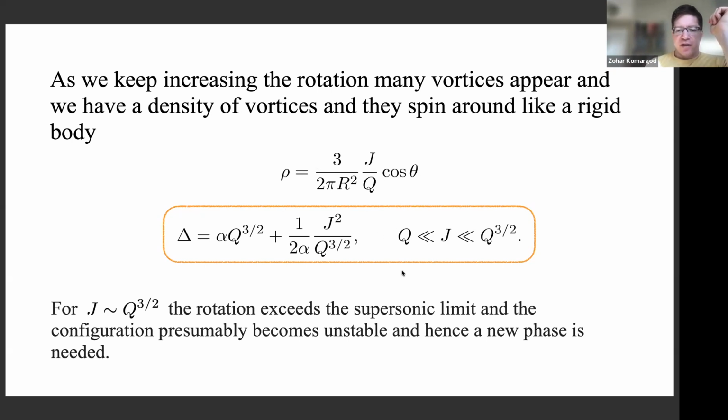We found a new phase, a new solution to those equations numerically, exactly when the speed becomes the speed of sound. So apparently, probably there is some phase transition, and this rigid body phase becomes unstable when the angular momentum hits q to the power 3/2. And the velocity is exactly the supersonic velocity, the speed of sound, sorry.